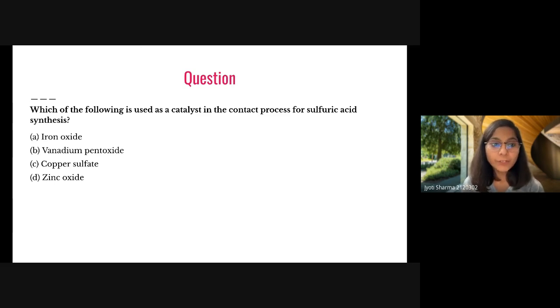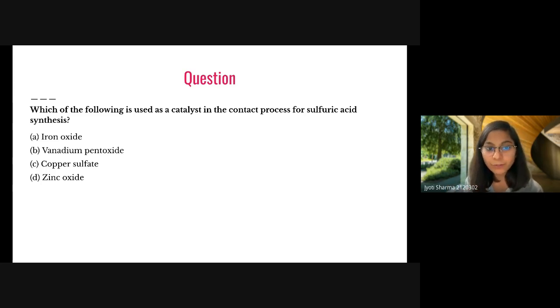Okay. Which of the following is used as a catalyst in the contact process for sulfuric acid synthesis? So you have to tell me the positive catalyst, because if we need to do the oxidation from SO2 to SO3 and then the formation of sulfuric acid, we need some positive catalyst, right?